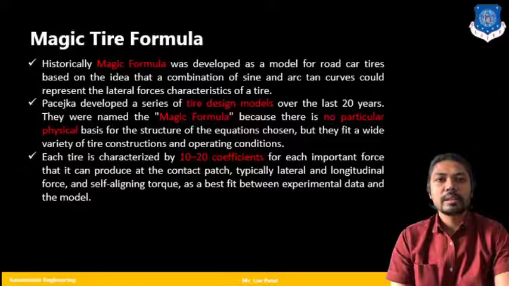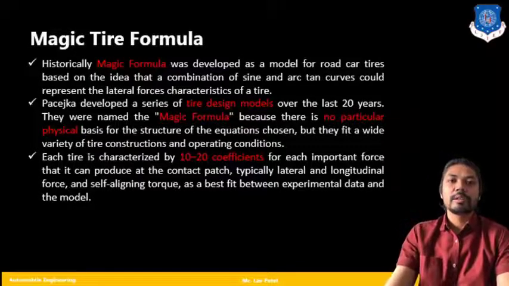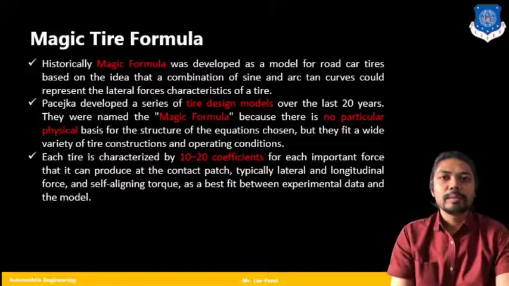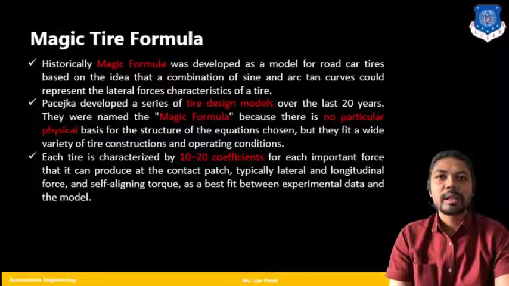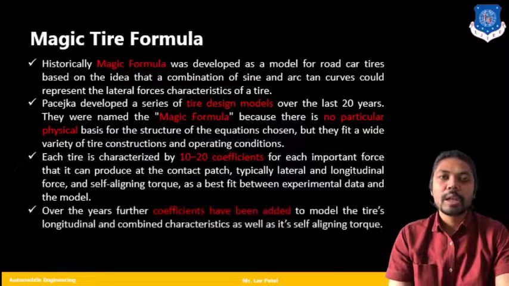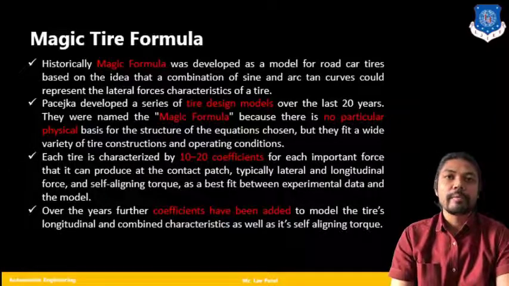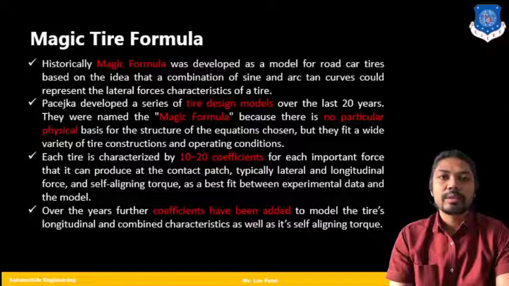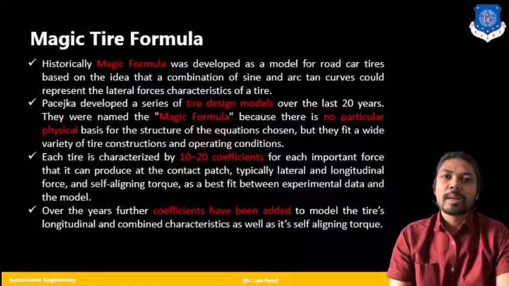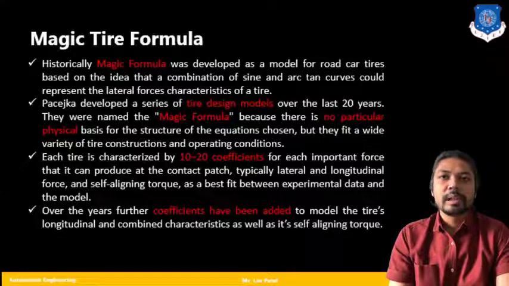So these are the several data that we have to fit to the equations or to the model. Over the years, you can see that coefficients have been added to the model. You will find a number of coefficients, or we can say constants, that are added to the tire formula, that we will see later on.